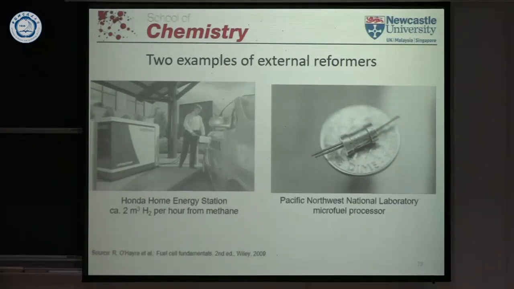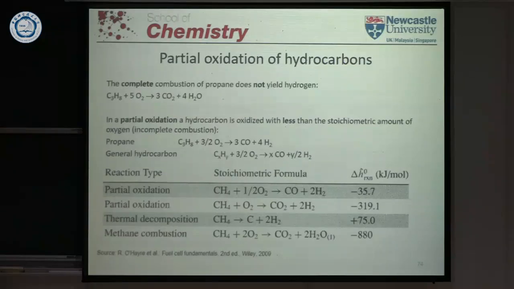Now, we have talked so far mostly about steam reforming. And the steam reforming reaction we have looked at, but there are other possibilities, and let me go through this so that you get a complete picture of what the conversion of a carbon-containing fuel, which we usually have from fossil fuels, into hydrogen can be. Let's just understand, on the basis of methane or other hydrocarbons, what the various reactions are that can take place.